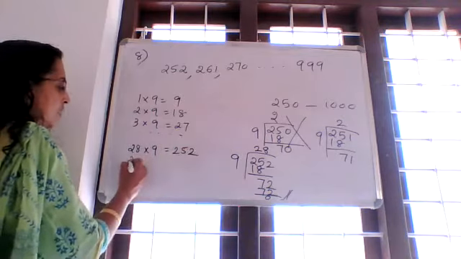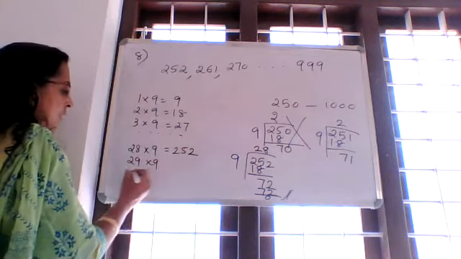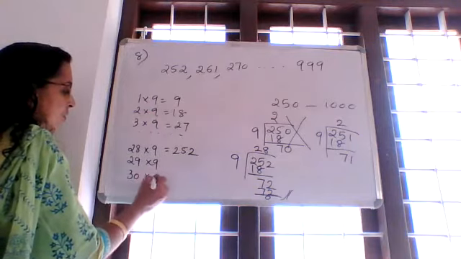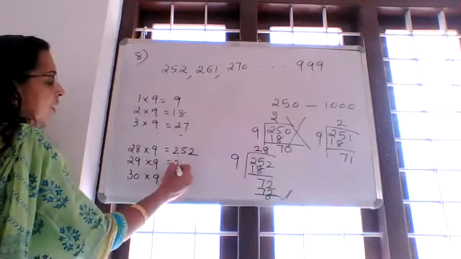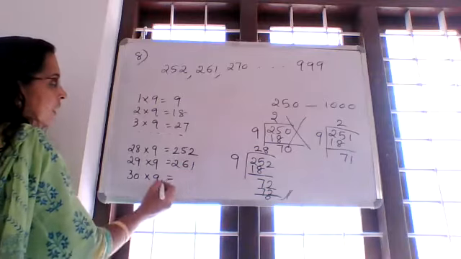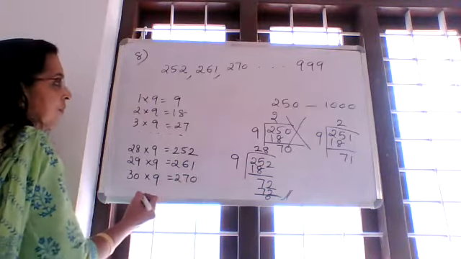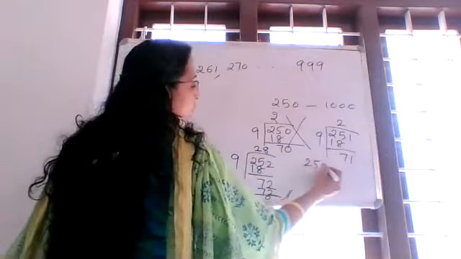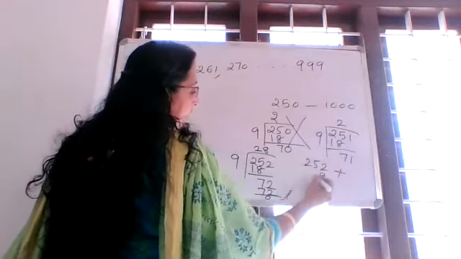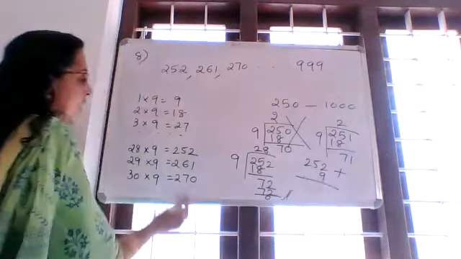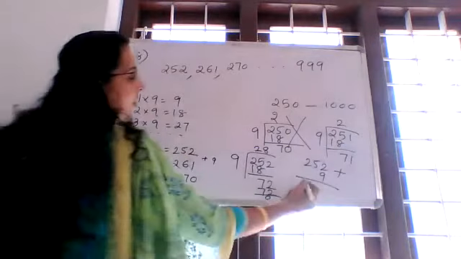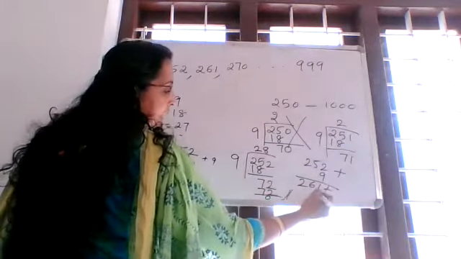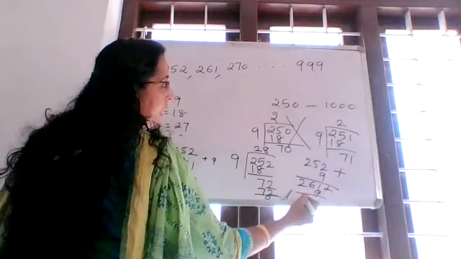So next one, 29 into 9, then 30 into 9. 29 into 9 is 261, 30 into 9 is 270. Another method: 252 plus 9 will be 261. Again plus 9 will be 270.